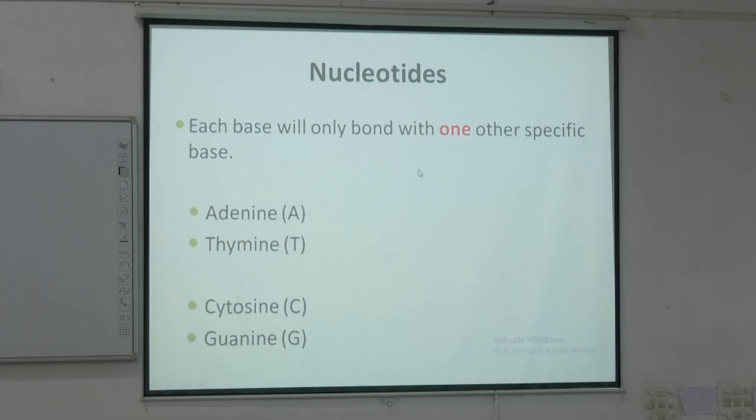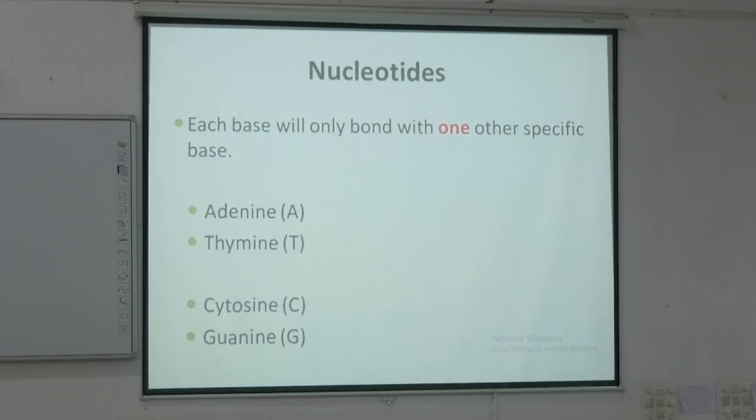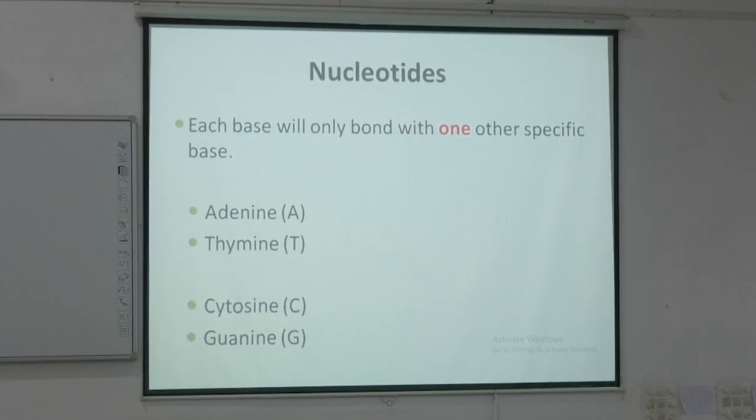This is important. The purine bases are adenine and guanine, and cytosine and thymine are pyrimidines. Is it correct? What is purine? What is pyrimidine?